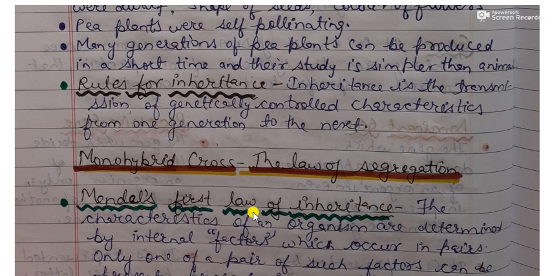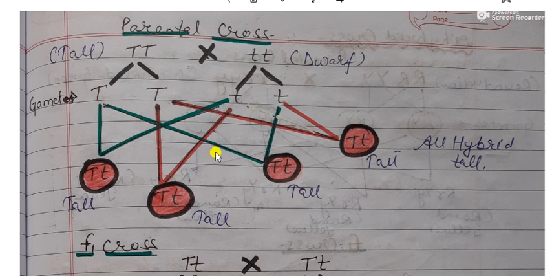For his first law of inheritance, Mendel took only one character and studied how it is transmitted to the next generation. For monohybrid inheritance, Mendel chose the height of the plant as the character.